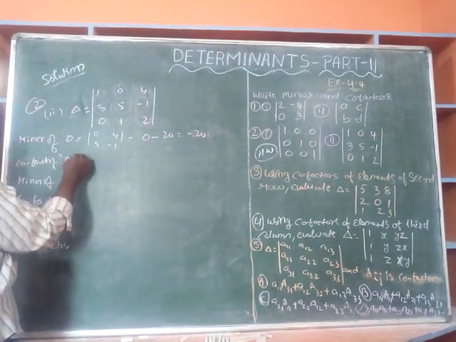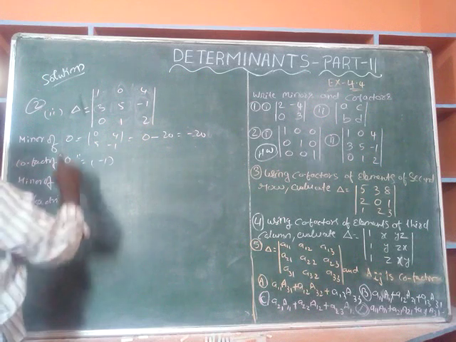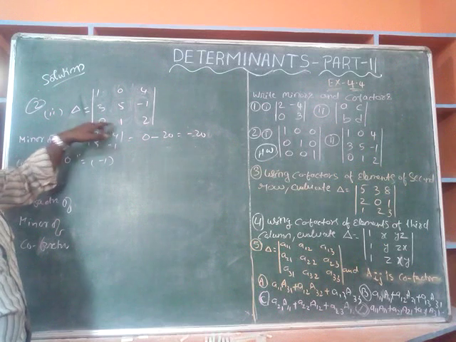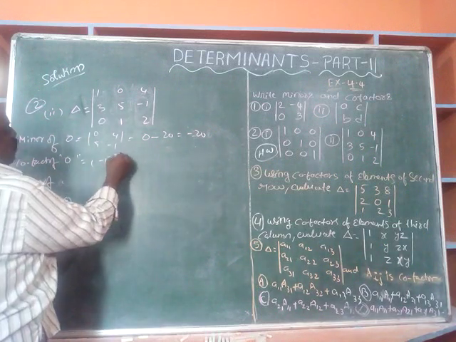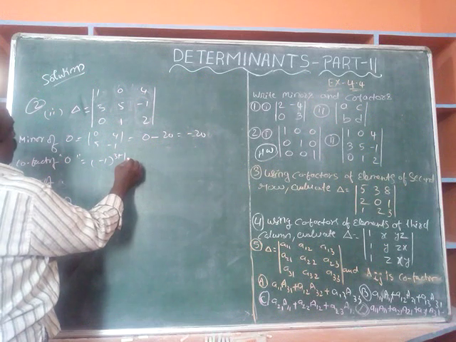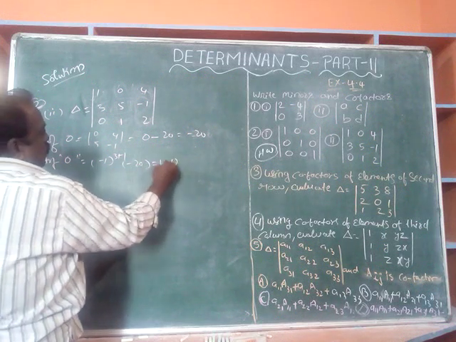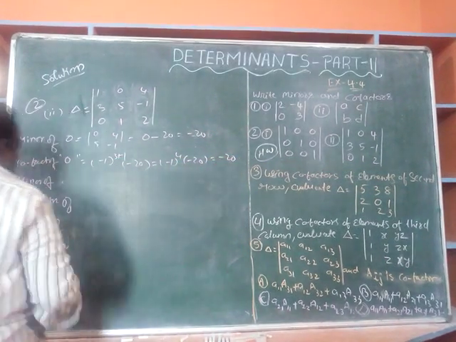The cofactor of 0 is nothing but minus 1 power. The position of this 0, not that 0, this 0, is third row and first column. So 3 plus 1, into M31, which is minus 20. So minus 1 power 4 into minus 20 is simply minus 20.